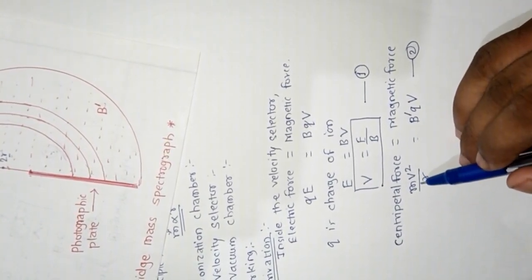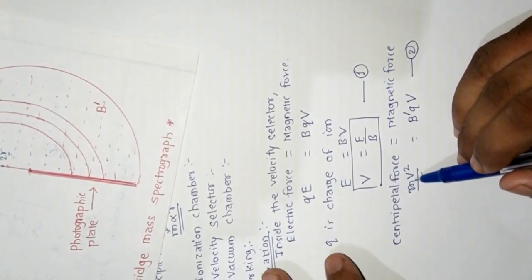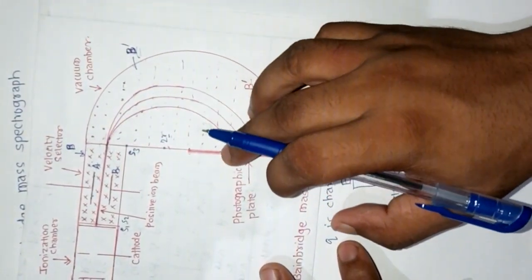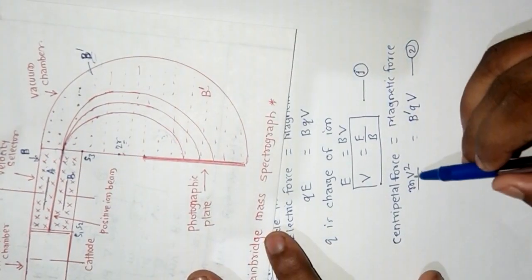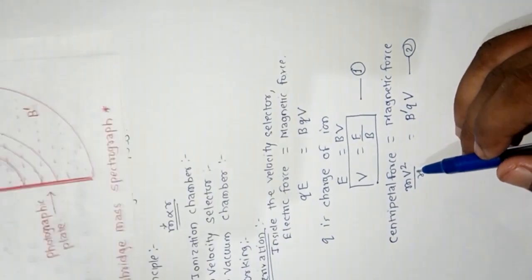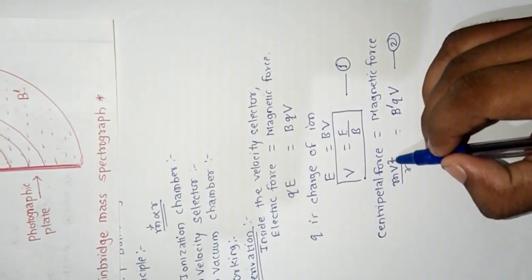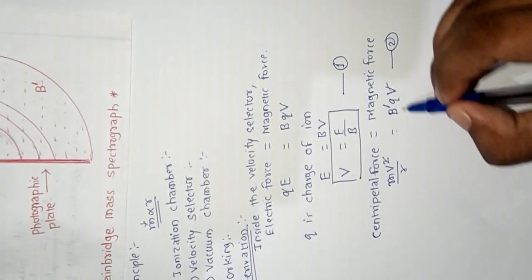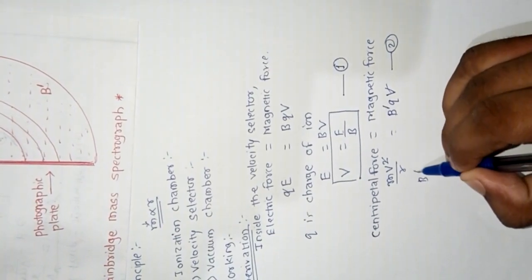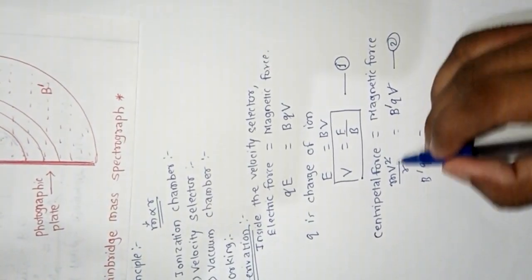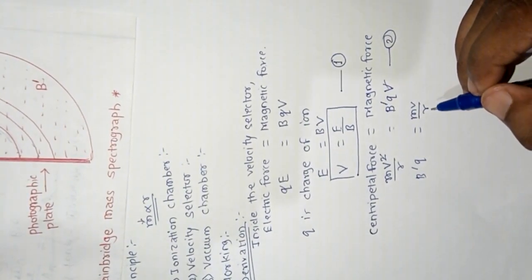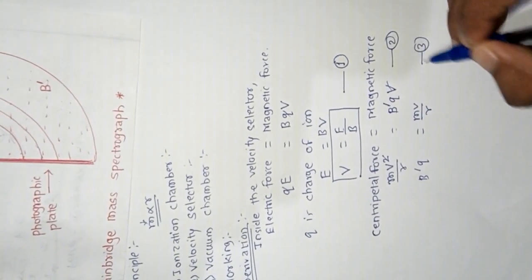This m is the mass of ion which follows the semicircular path having radii small r. Here one v and this v get cancelled, so we get B dash Q is equal to mv upon r. This is equation number 3.